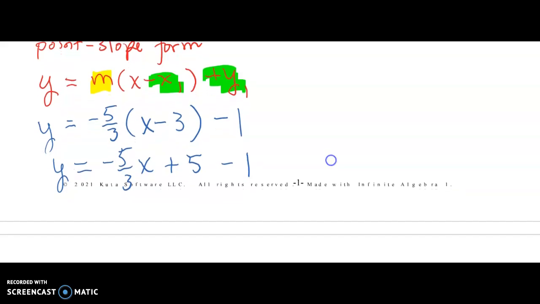We're going to go ahead and combine like terms. And now we have the equation of our line in slope-intercept form.